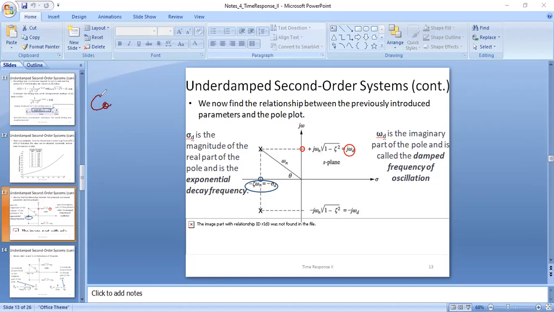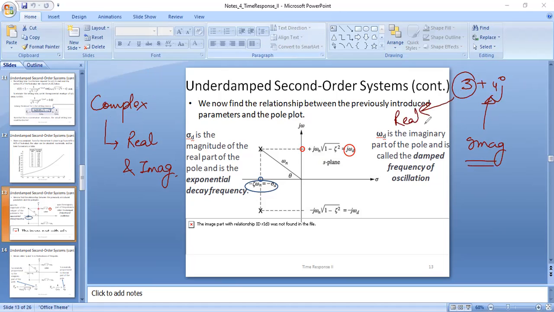Complex means when you have both real and imaginary parts. Suppose you have something like 3 plus 4j. The number associated with the j part is called the imaginary part, and this one is your real part. Suppose you have z, and z is only 3.